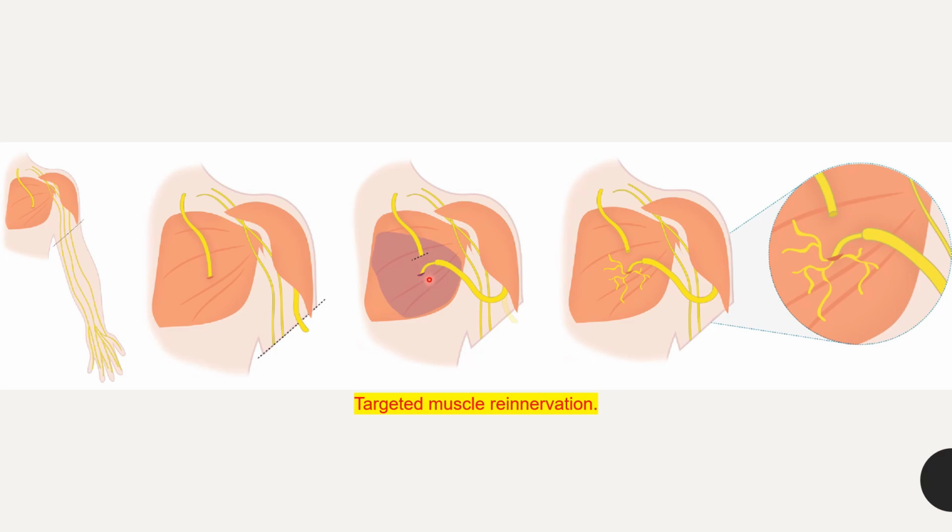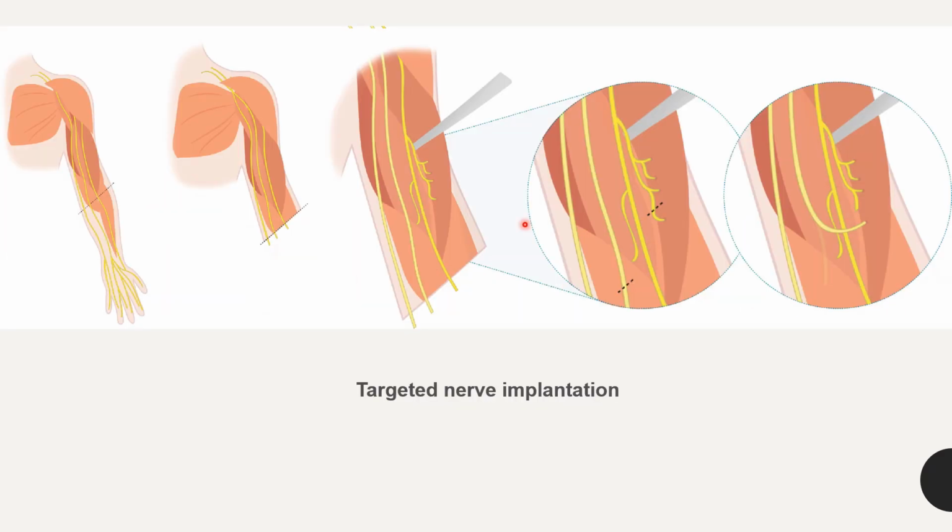The next is targeted nerve implantation, which is to take the amputated nerve and bury it into a muscle, and therefore the growing axons will get buried in the muscle.